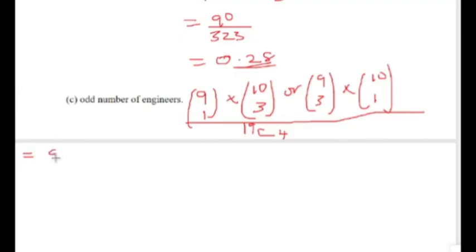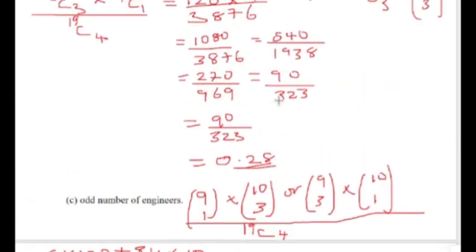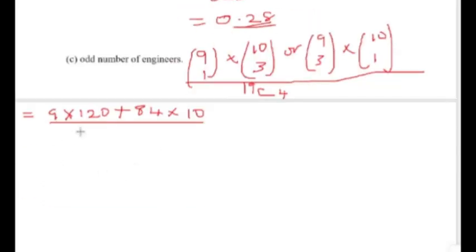So that gives us 9 times 10 combination 3, which is 120. Or we change that to addition. Then we have 9 combination 3, which gives us 84. So this is 84 times 10 combination 1, which is 10. So everything is divided by 19 combination 4, which we know to be 3876. That one has not changed throughout the solution here.